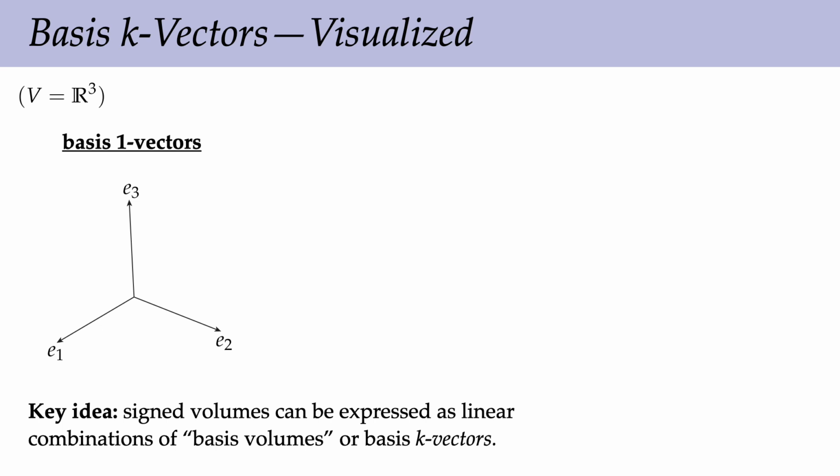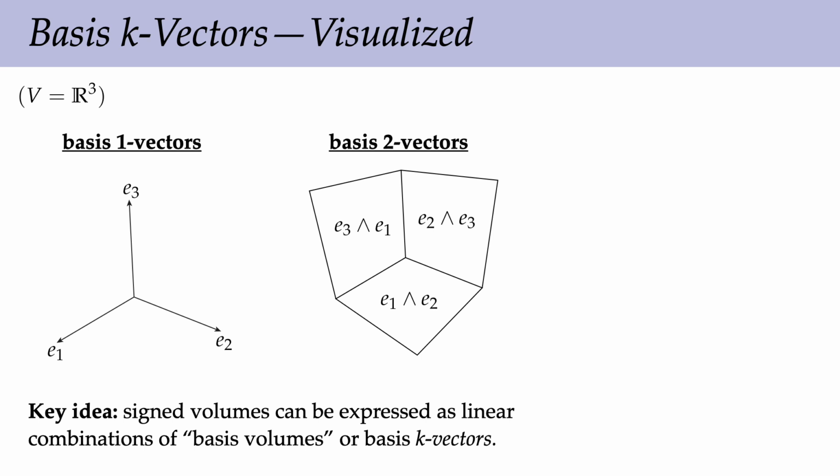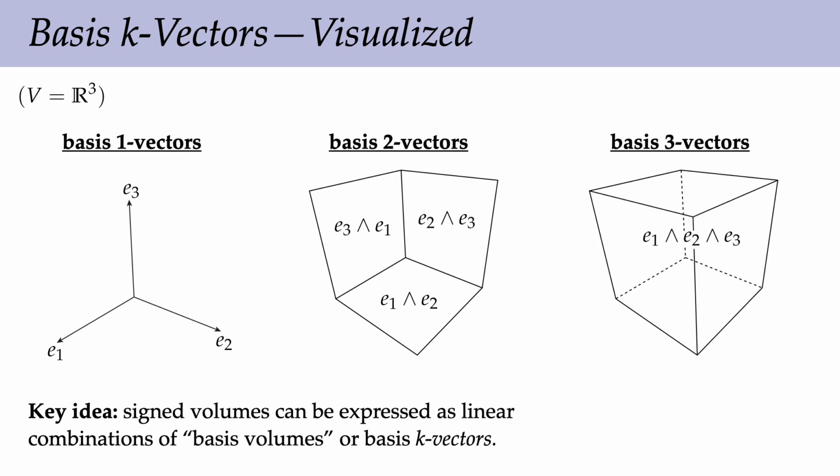So how about we wedge together our basis 1-vectors, and we'll get some other 2-vectors: E1 wedge E2, E2 wedge E3, and E3 wedge E1. What about basis 3-vectors? Well, same idea. We can wedge together E1 wedge E2 wedge E3 to get a basis 3-vector.